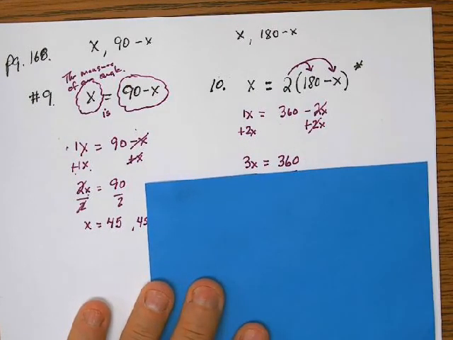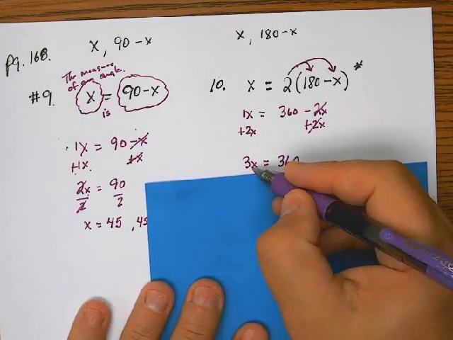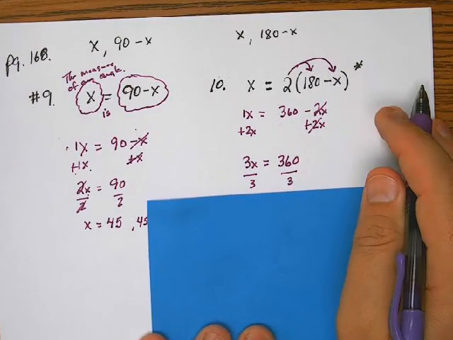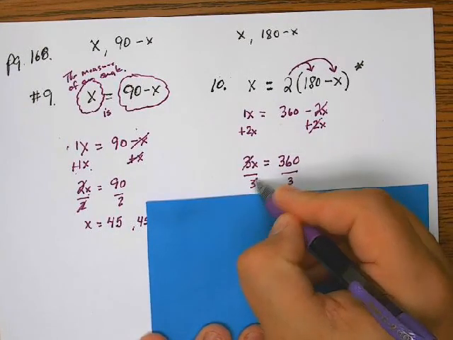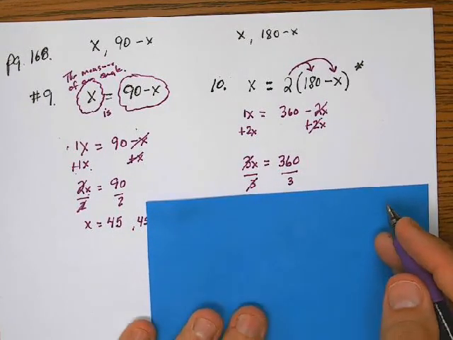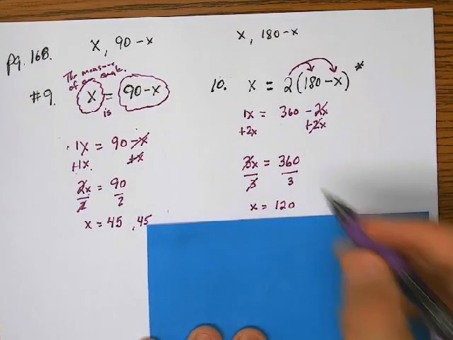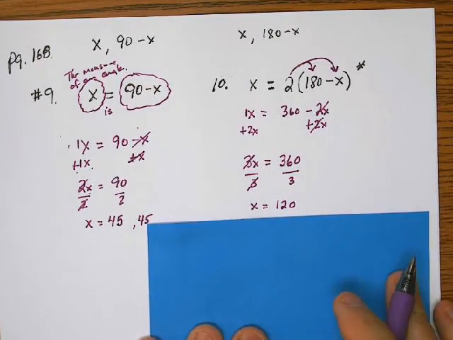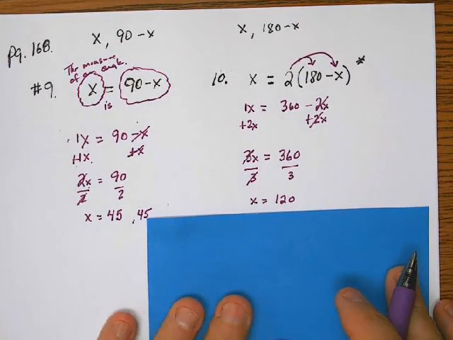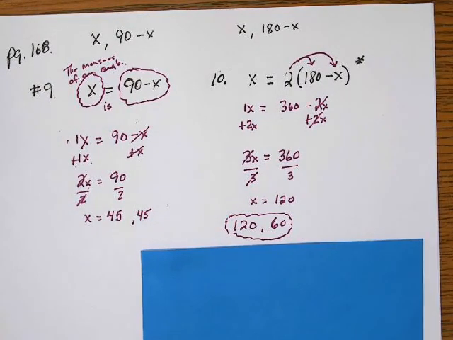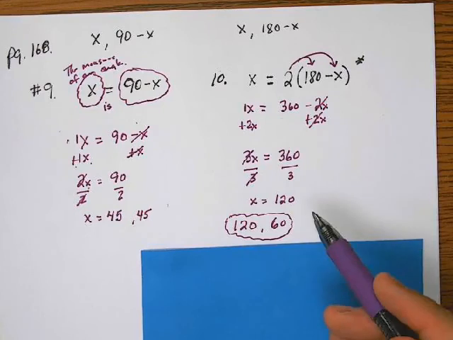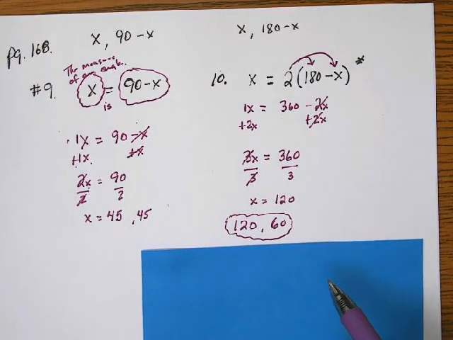How do we undo multiplication? By division. So we divide by 3. So the 3 here and the 3 here will cancel. X on the left. Then 360 divided by 3 is 120. So then the measure of the angle and its supplement, 120 and 60. It said find the measures of the angle described.